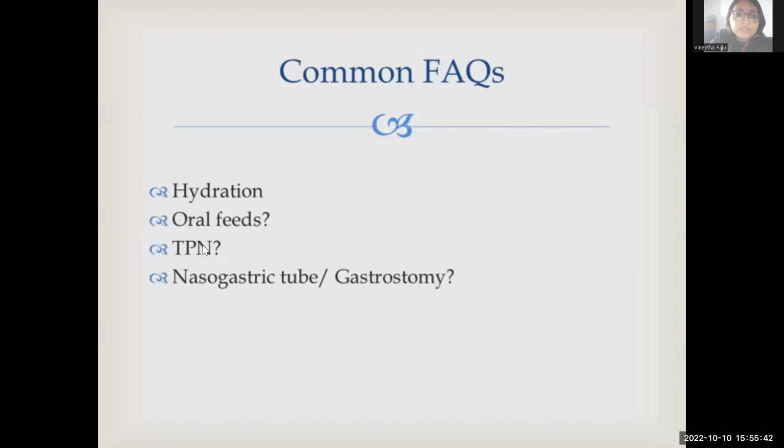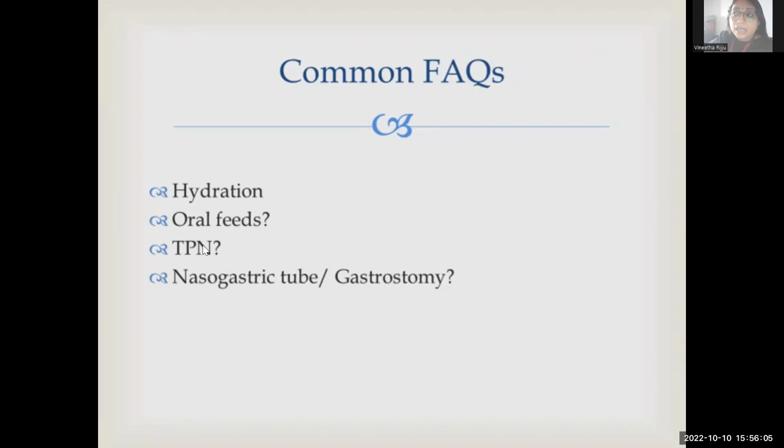So total parenteral nutrition is meant for those patients who have a survival or lifespan of more than 3 weeks. So if you find a patient who is almost terminal, about to die in probably another week or two, that patient is not a candidate for total parenteral nutrition.